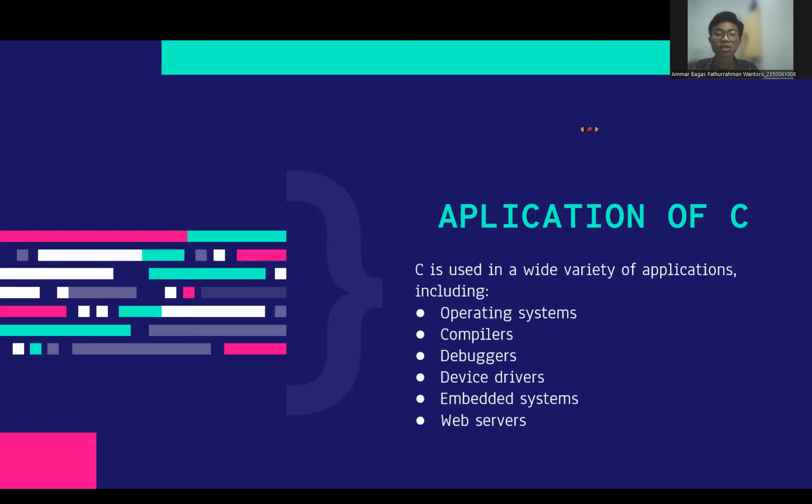C is used to write device drivers, which allow software to interact with hardware devices. In embedded systems, C is used to write software for embedded systems such as smartphones, tablets, and cars. And in web servers, C is used to write web servers, which deliver web pages to users.